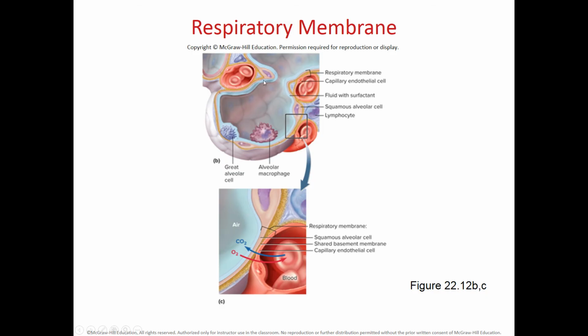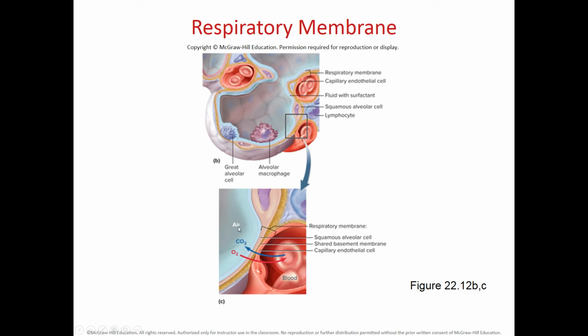And this is again another diagram showing you the structure of the respiratory membrane, made out of the wall of the alveoli, simple squamous epithelium, the walls of the capillaries, and the basement membrane in between. And then you have here the alveolar macrophages and gas exchange through diffusion.